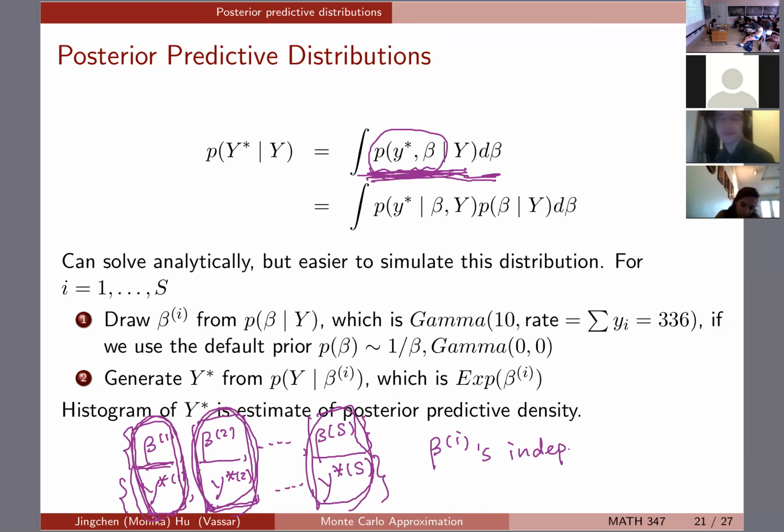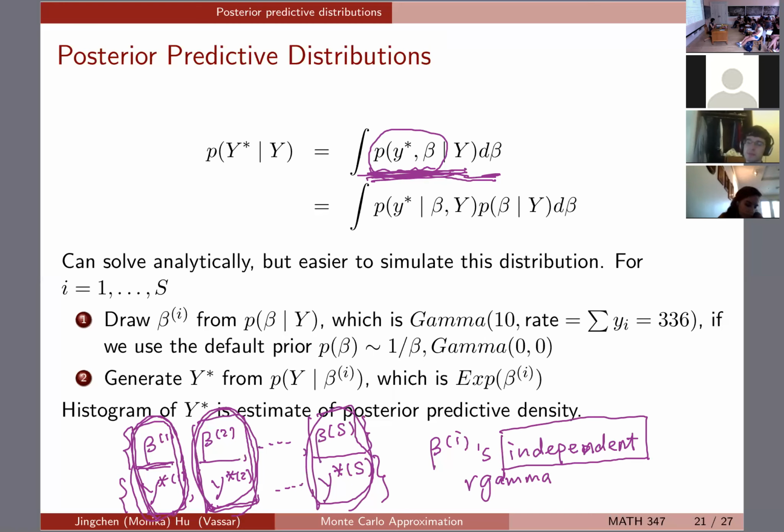You know that because we're drawing them from this gamma distribution, using R gamma in R. And because all of the betas are independent, all of the y stars are going to be independent, right? Because you generate independent beta I, and then from each of the beta I's, you independently generate a new y star. I want to point out the statement of independence here, because remember we're doing Monte Carlo approximation.